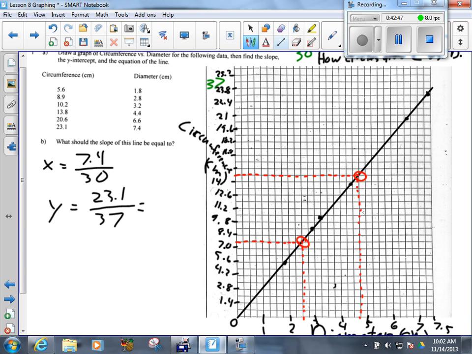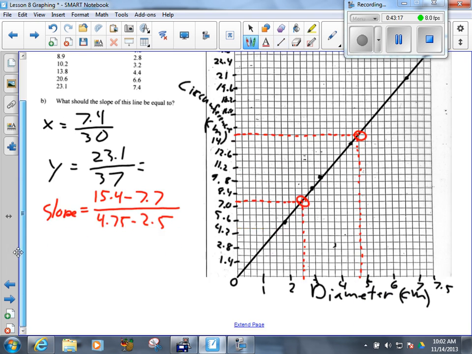So these were 0.25, so I'm looking at slope being this. y2 is 15.4 minus this will be 7.7, and over x, 4.75 minus 2.5. That's going to be my slope calculation. Those are the values for my 2 points. Everyone follow me there? Terry?